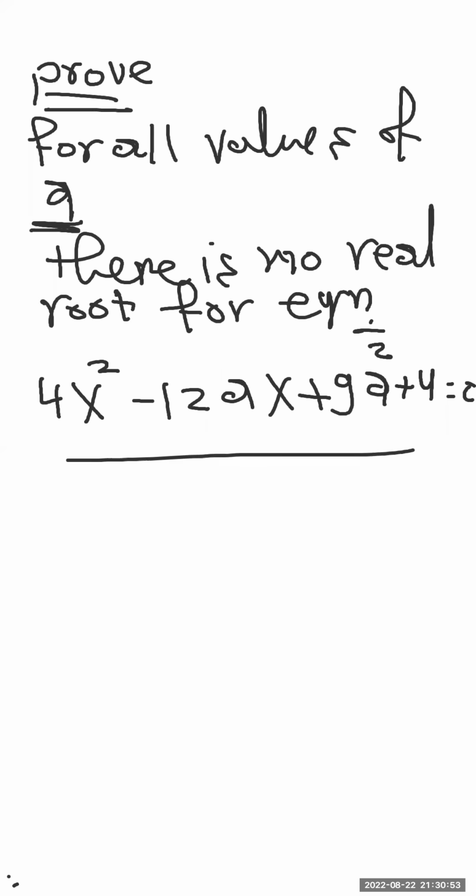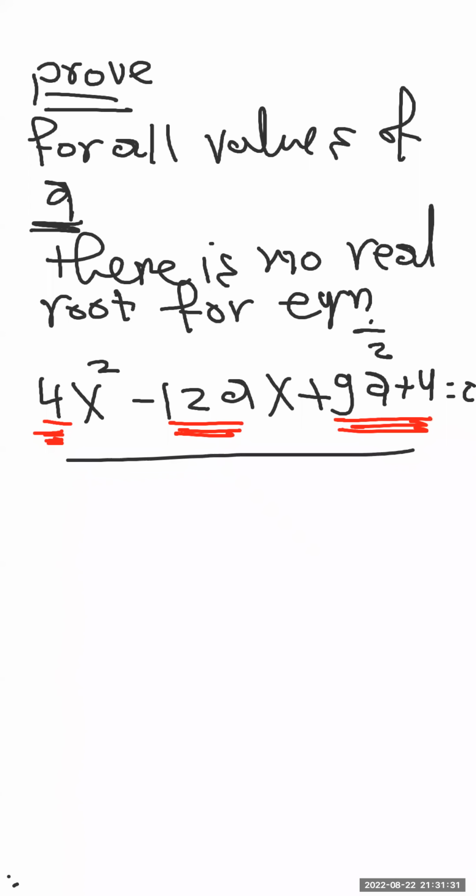Okay. Now, a, what do you think about a? It's 4x squared, so a equals 4. b is negative 12a, right? c is 9a squared plus 4.